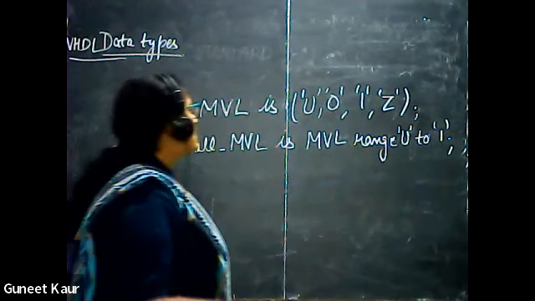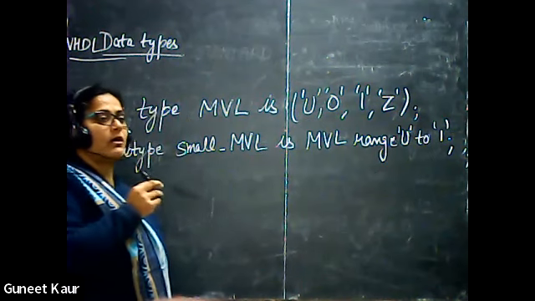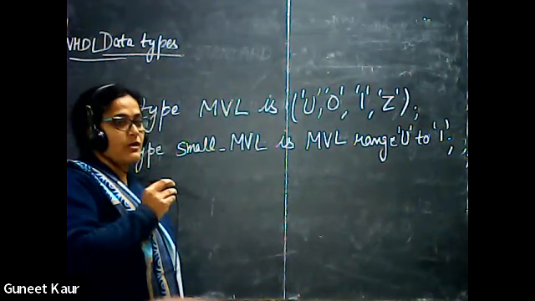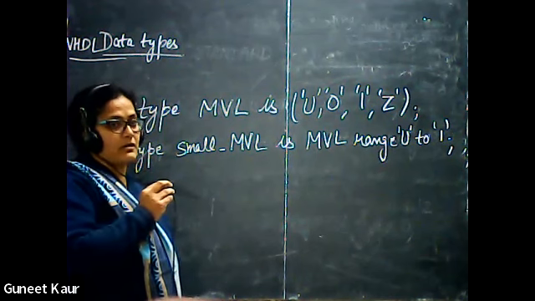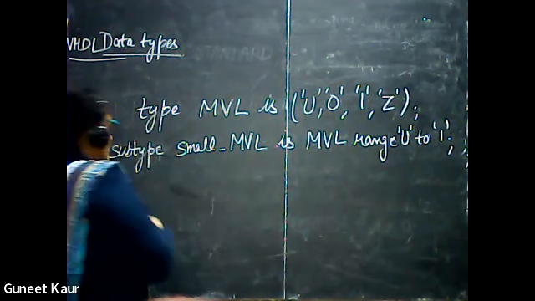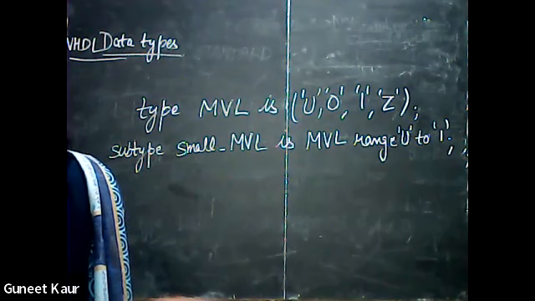It means from these 4 elements, I am using only 3 elements: U, 0 and 1. So this is the subtype for this main type. These were some of the examples.